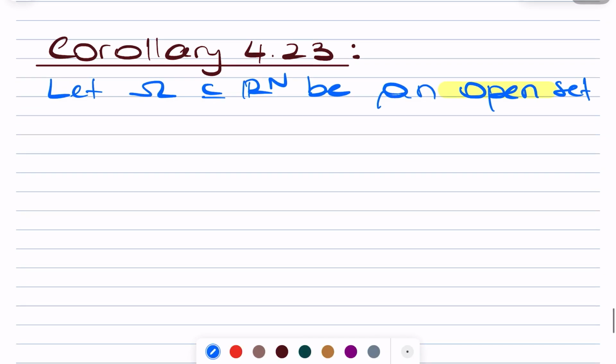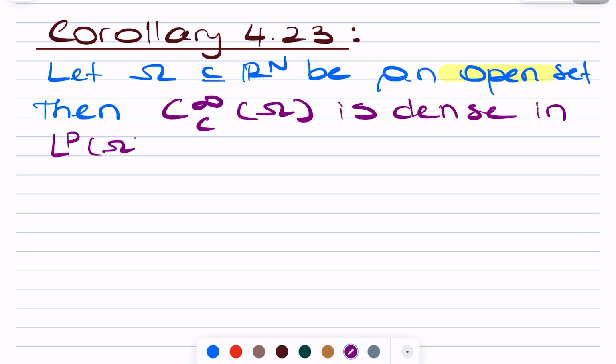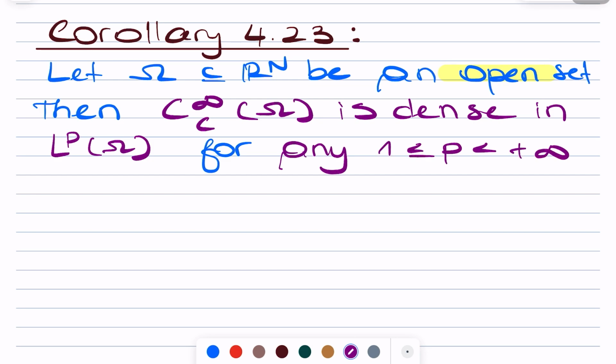Then the space of infinitely continuously differentiable functions with compact support on omega is dense in LP of omega for any p between 1 and plus infinity. Of course, plus infinity is not included, because it would be hardly feasible to approximate an L infinity function by functions that are infinitely continuously differentiable with compact support.